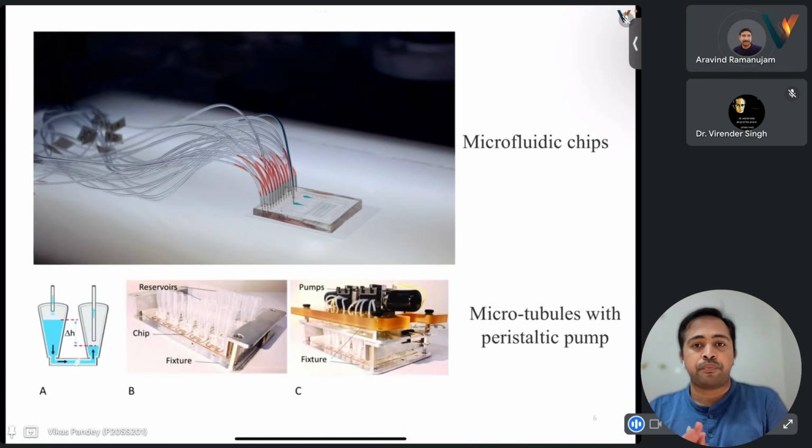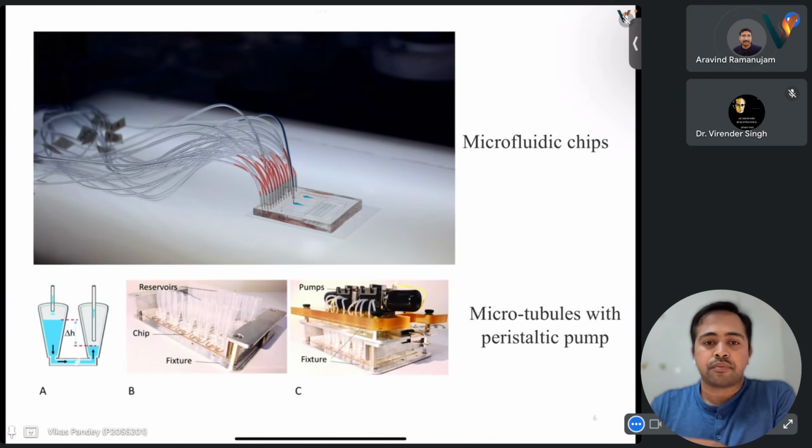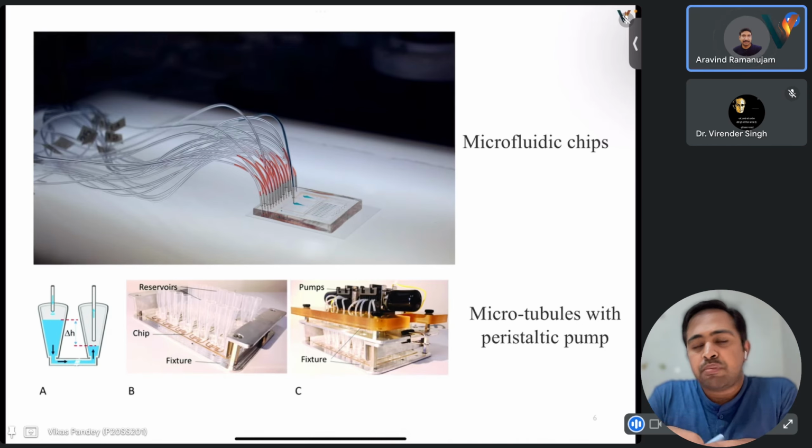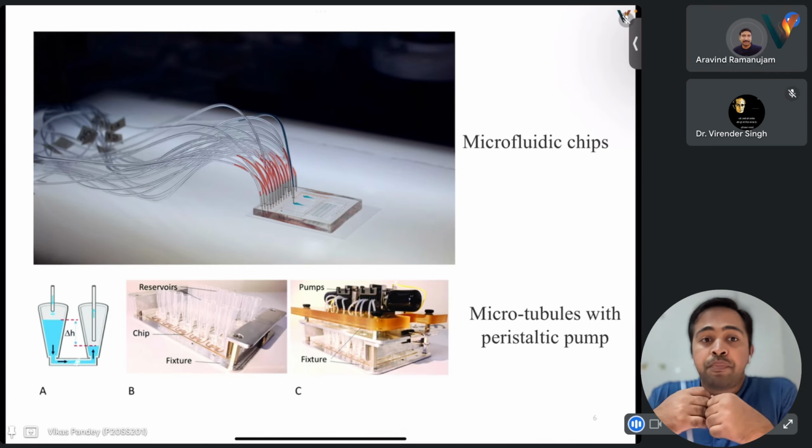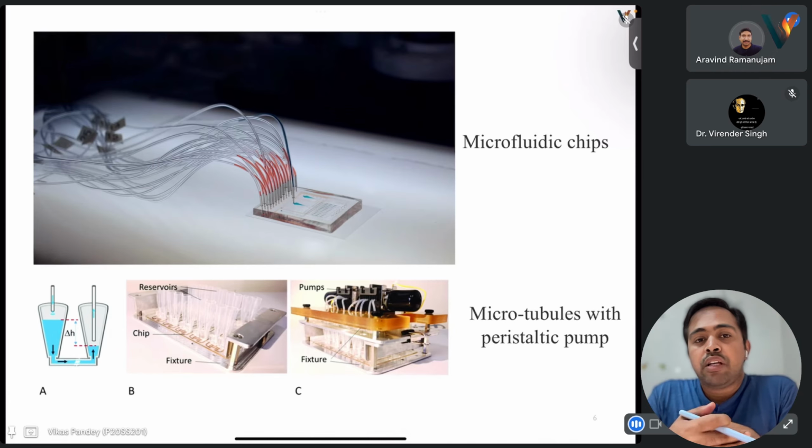Okay. So in general, if we see the microfluidic chip or microtubules with peristaltic pump, they both have some similar kind of structure in the sense they have chip and tubes connected. But microfluidic chip has one additional advantage.